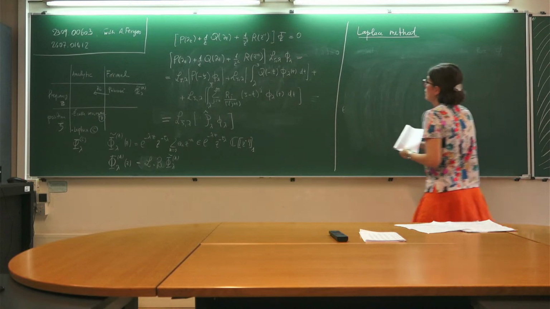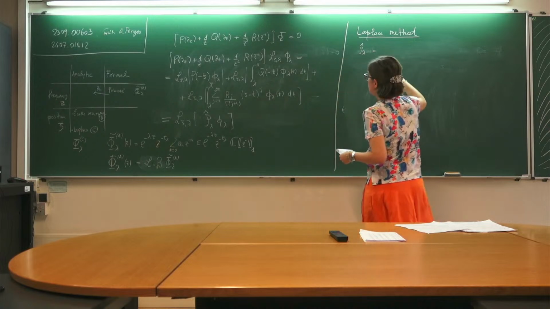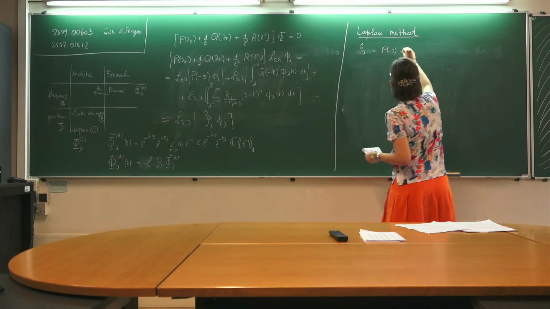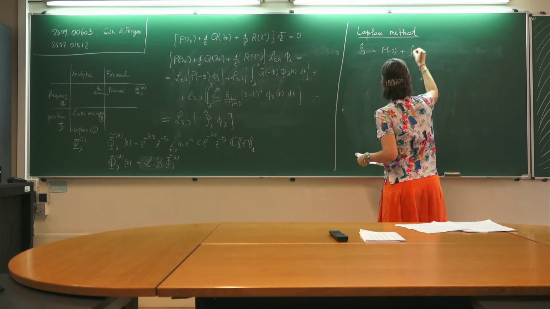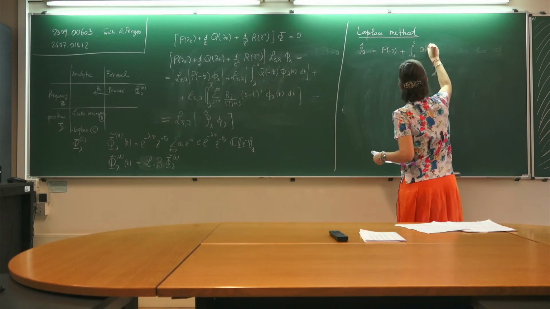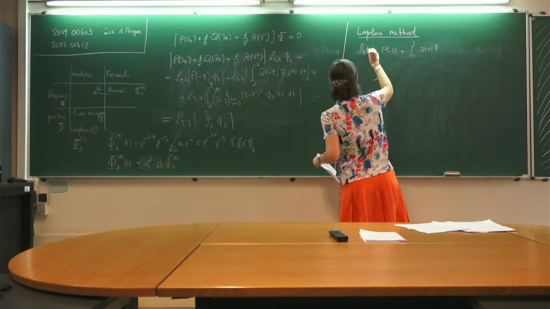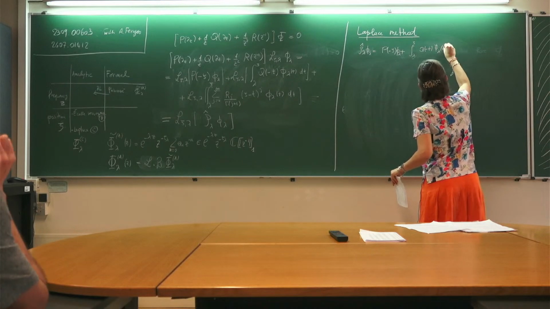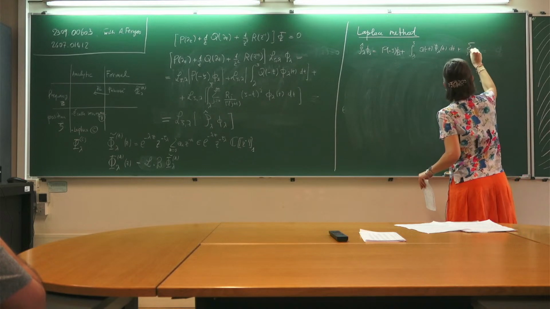So let me just write what this pi at lambda is. Pi at lambda is p of minus zeta plus the integral of q minus t. Sorry, let me just put phi everywhere. And then we have the rest, which is the sum.